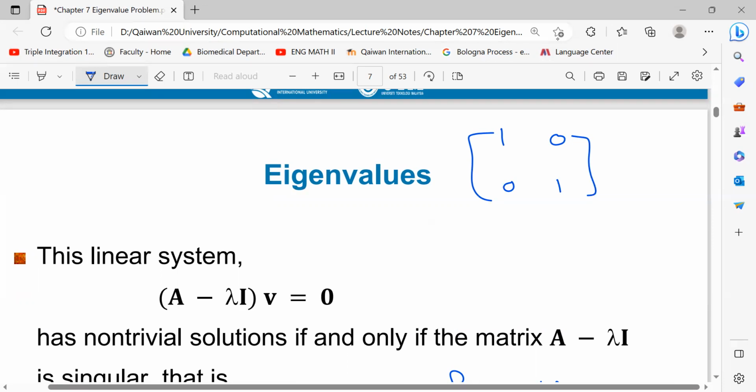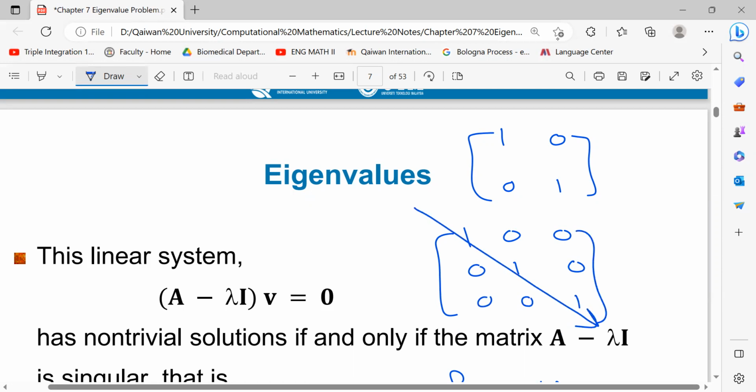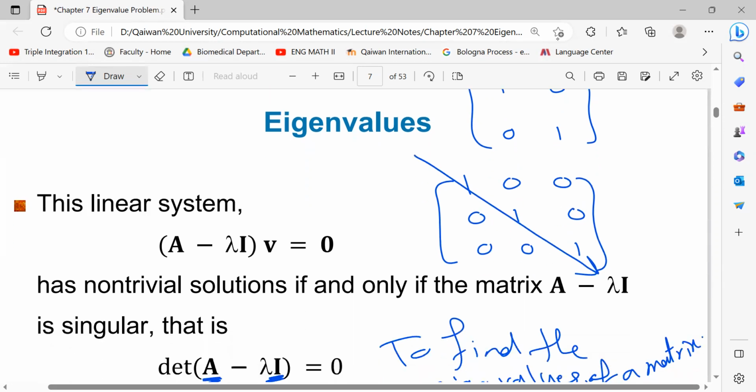For a 3 by 3, it's 1 0 0, 0 1 0, 0 0 1. Only the elements on the diagonal are ones, others are zero. For a 4 by 4 matrix it's the same. We just multiply lambda by this matrix and subtract it from A. Then we find its determinant.